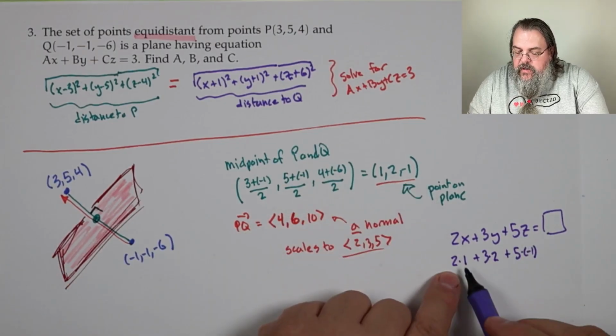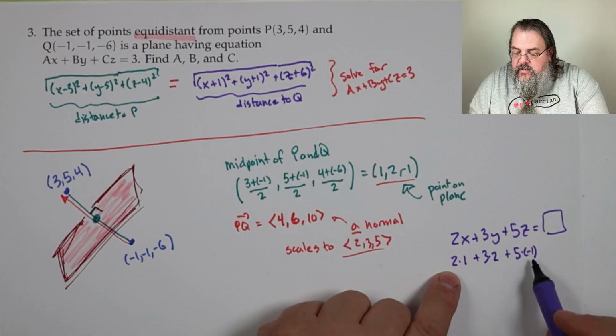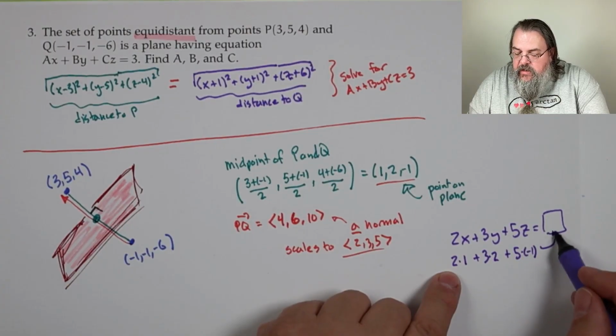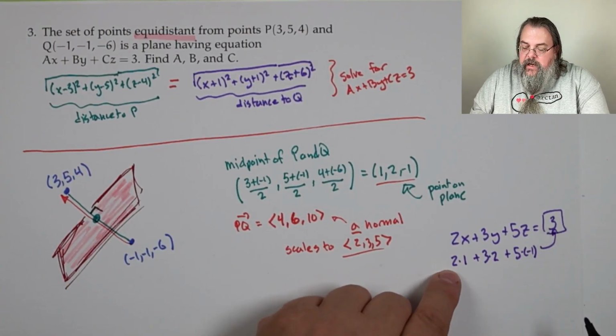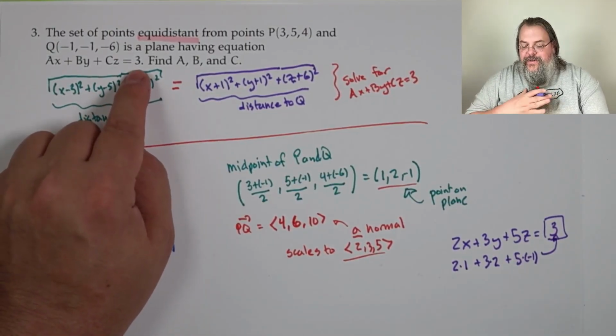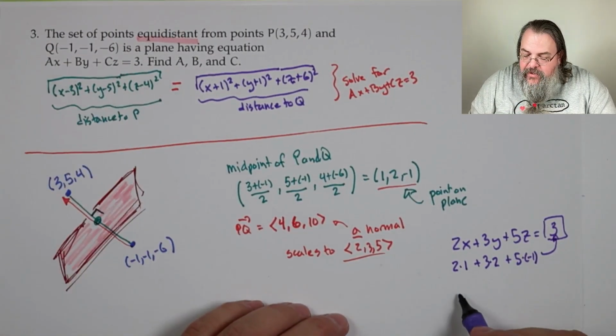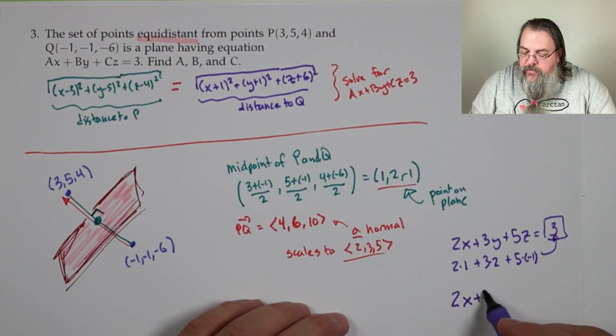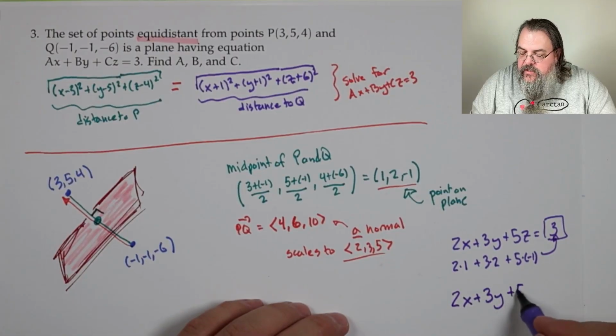And if we do this, we get 2 plus 6 is 8 minus 5 is 3. Okay, so the something is 3. And, thank goodness. So that's good news because we wanted to have a 3 there. So we actually are done.